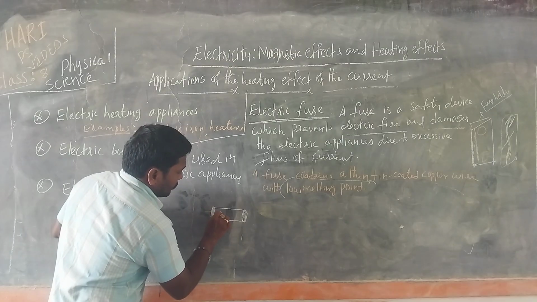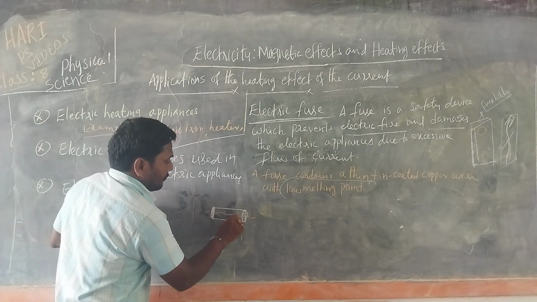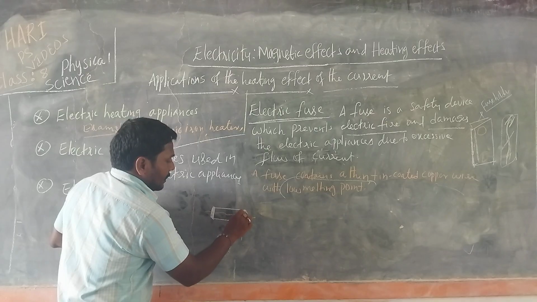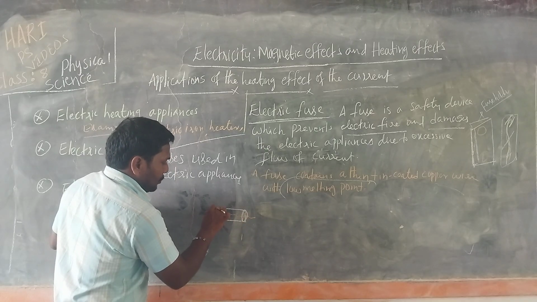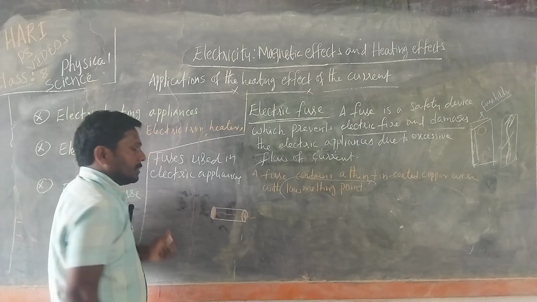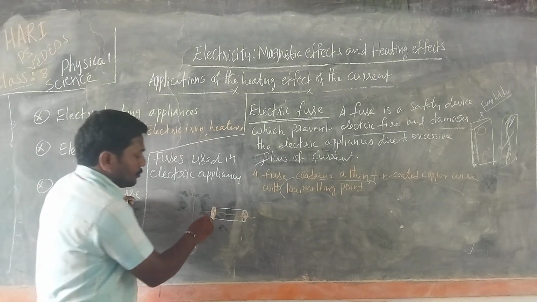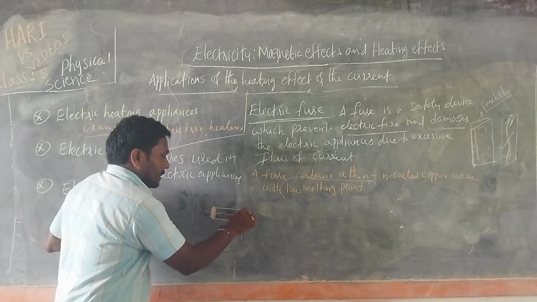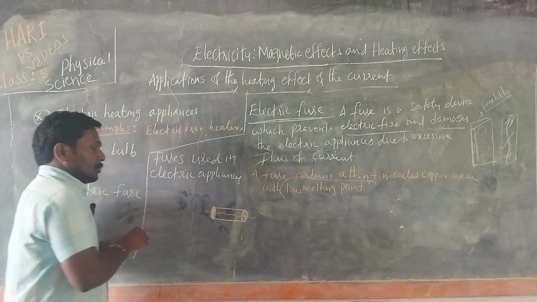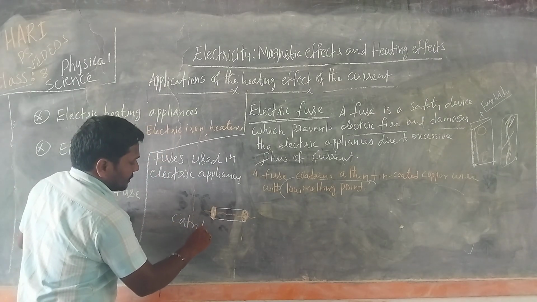A thin fuse wire is inserted here, and they have a glass tube with metal caps. The two ends of the fuse wire are connected with the metal caps. These are called cartridges.